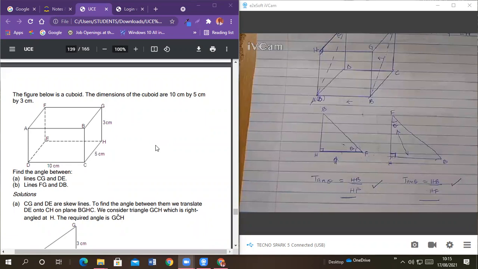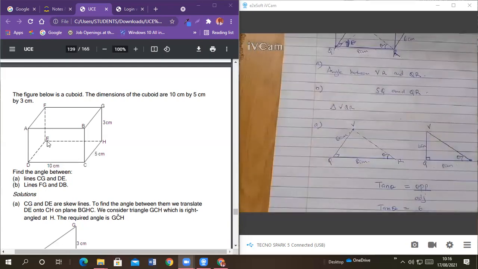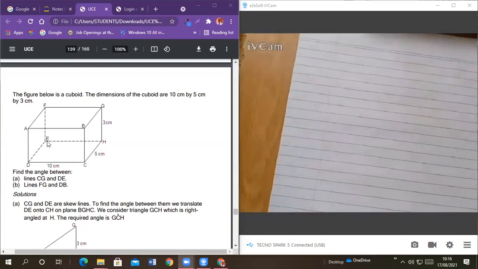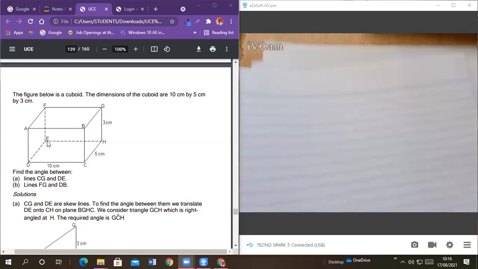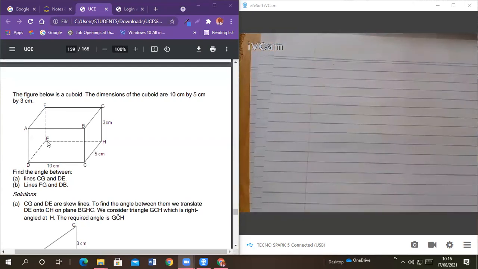Find the angle between CG and DE. We are going to shift and translate sides.